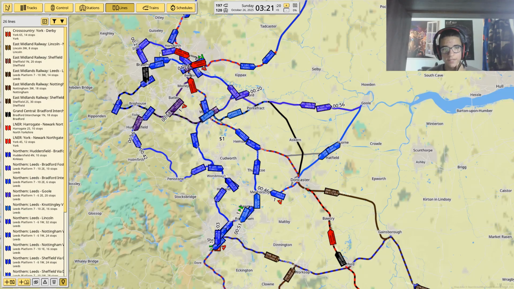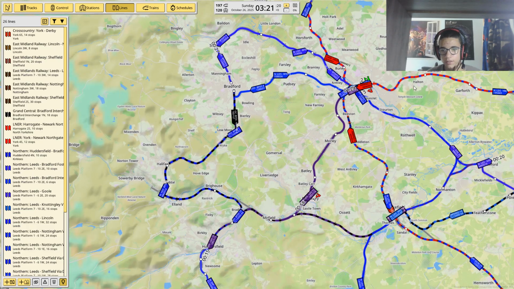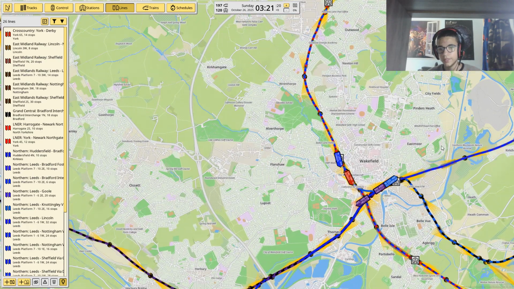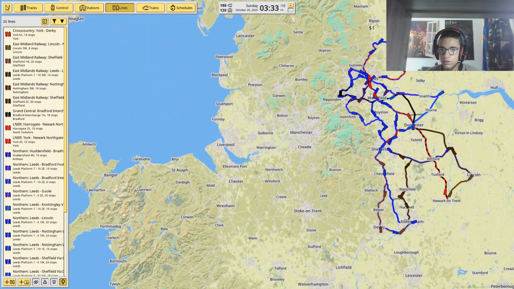Could we do Bradford instead? We could do Bradford Foster Square, or Bradford Interchange. We could do that, because that would not cause any problems between Wakefield or so. We could do a York to Mansfield line. We're not doing any trains to York though.